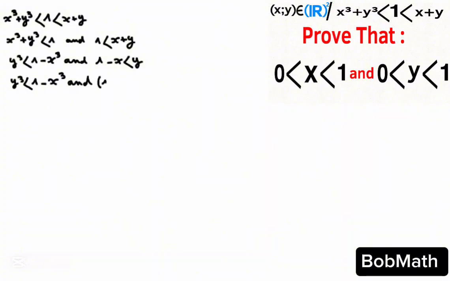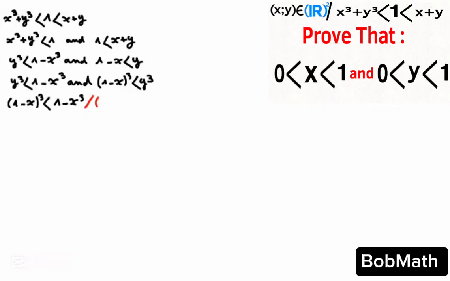So (1 minus x) all cubed less than y cubed. Since y cubed is less than 1 minus x cubed and (1 minus x) all cubed is less than y cubed, (1 minus x) all cubed is less than 1 minus x cubed.